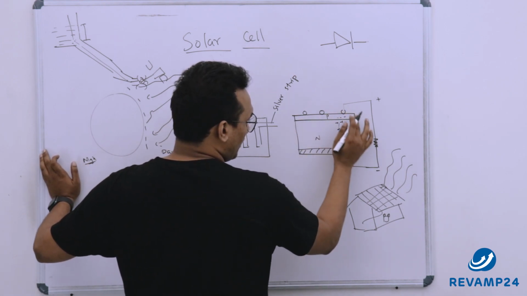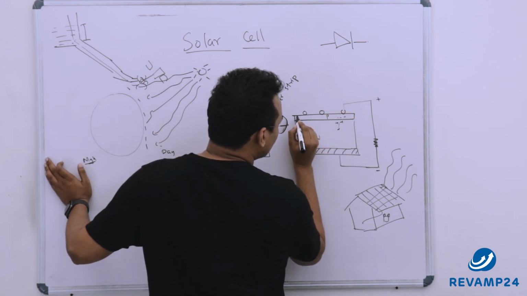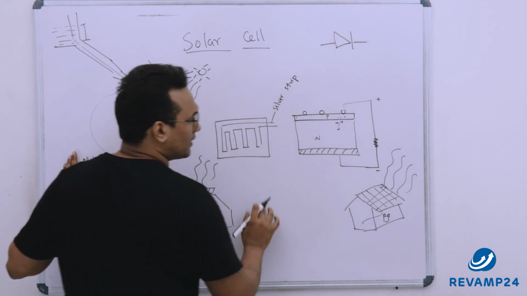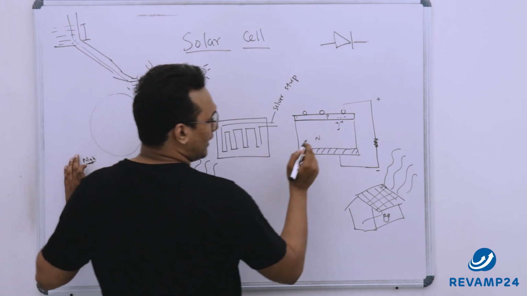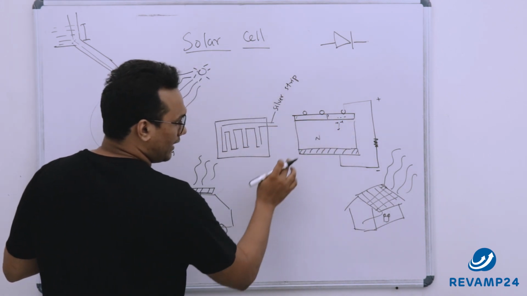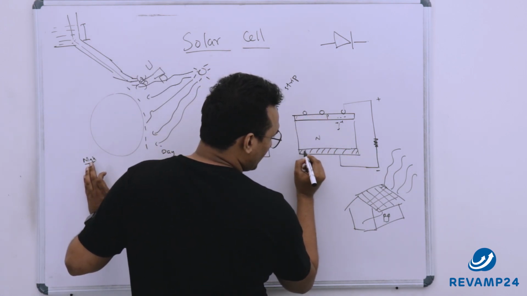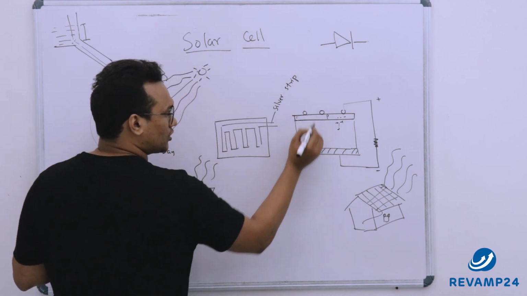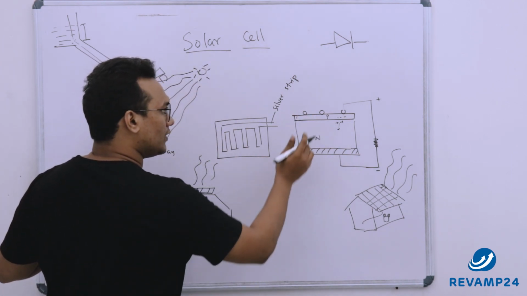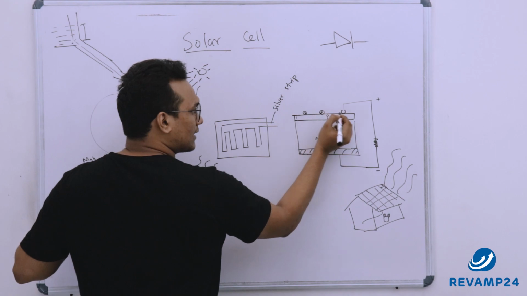We will make a PN junction in this way, where the thickness of the P type semiconductor would be very small, and the N type would be thick. On the bottom of the N type we have a metallic plate, and on the top of the P type we have a metallic collector.